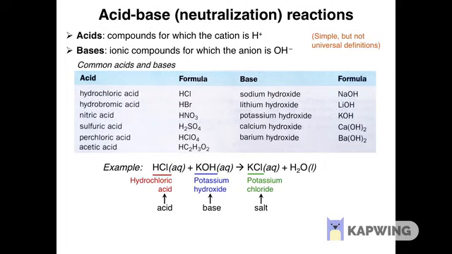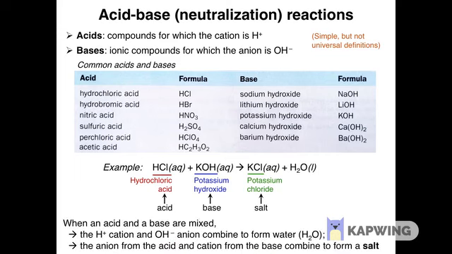Ionic compounds that can form as a result of an acid-base or neutralization reaction are referred to as salts. Note that table salt, sodium chloride, NaCl, is just one compound in the broader class of salts. Any neutralization reaction, that is, any reaction between an acid and a base, results in the formation of water and a salt.